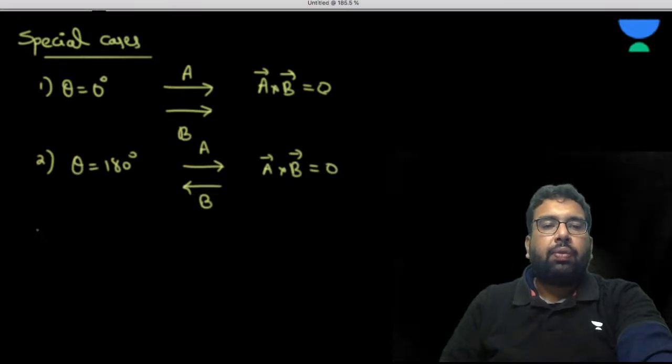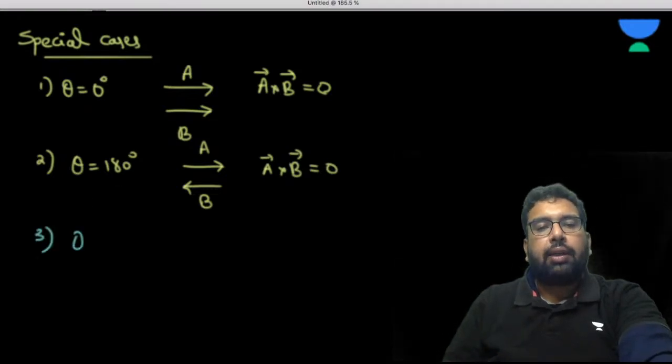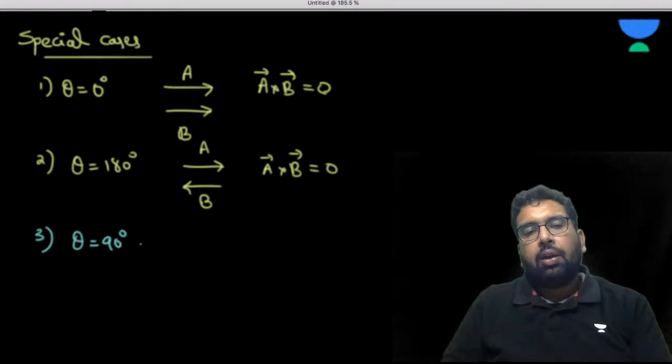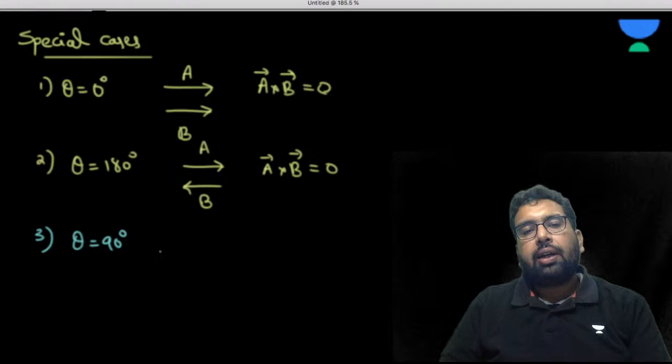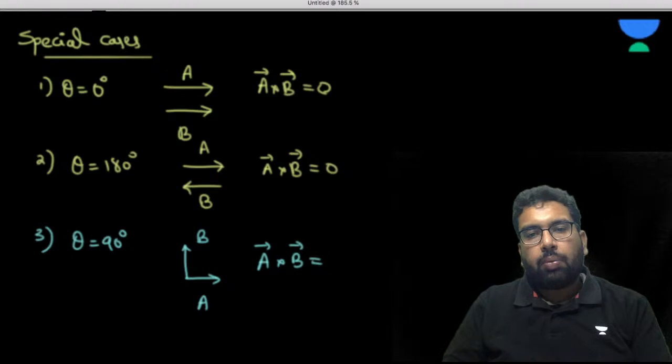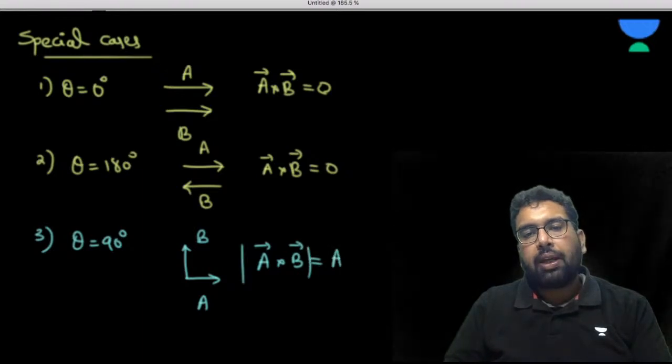And now if the vectors are at 90 degrees, that means if vector A is here and vector B is here, the cross product of these two vectors in magnitude is going to be, since we are not looking at direction, I'll write the magnitude, so it will be AB.